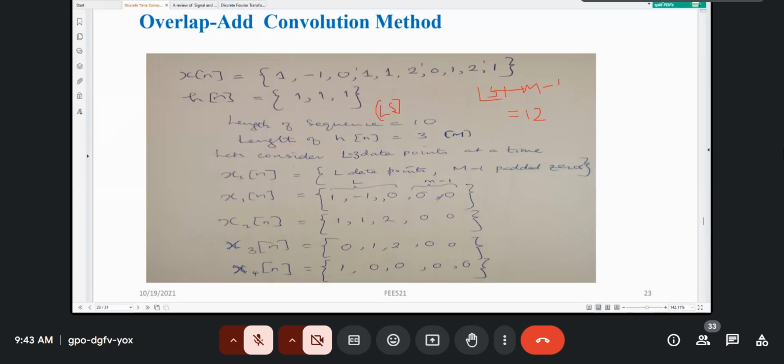If you wanted to use, for example, an 8-point DFT, what would you make L actually? If you want this to end up with 8, then you use your L as 6, plus M minus 1 zeros to make 8, so that you use the 8-point DFT.